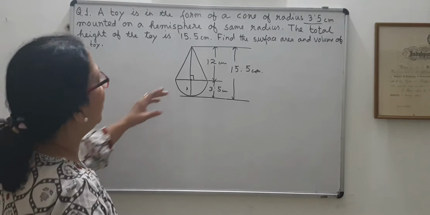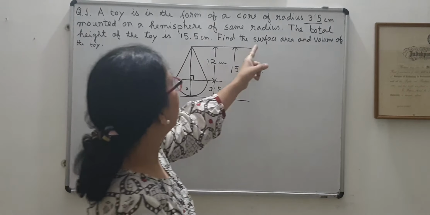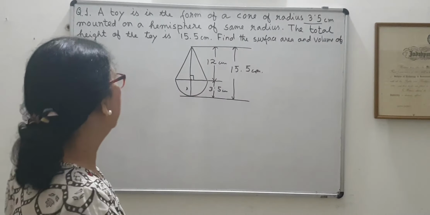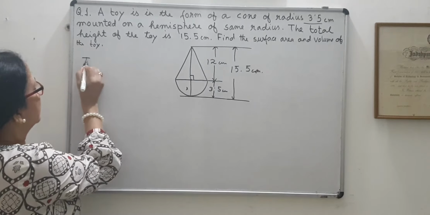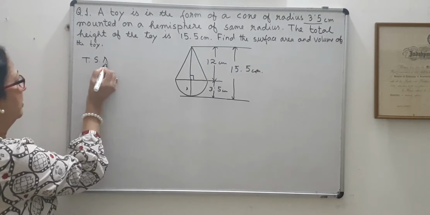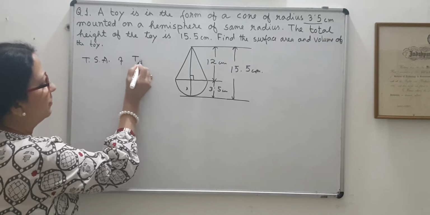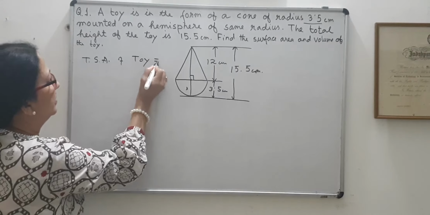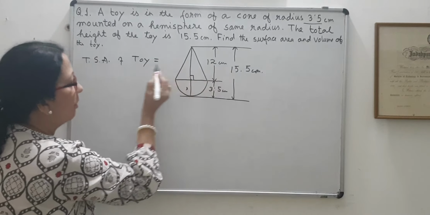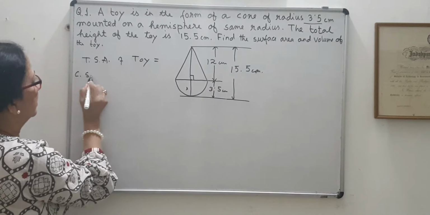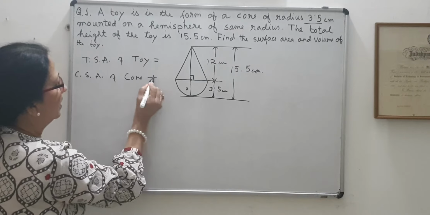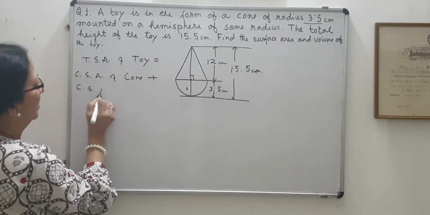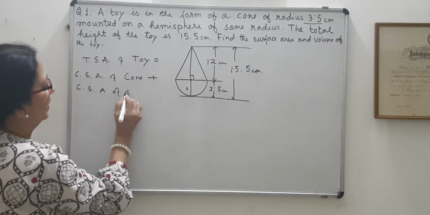Then it will be very easy to do the calculation and write the formula. Now the first thing you have to find out is the surface area, meaning the total surface area. So what will be the formula for the total surface area of the toy? These are very important things to write. It will be CSA of cone plus CSA of hemisphere.